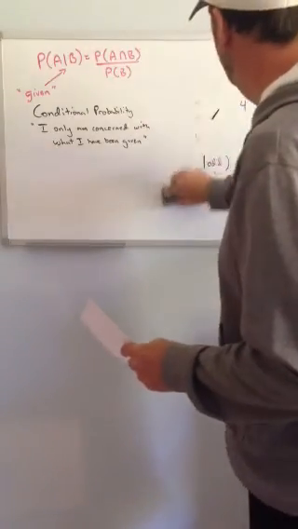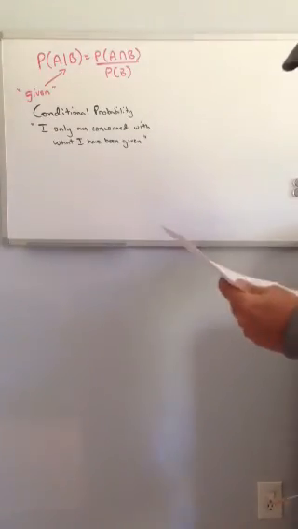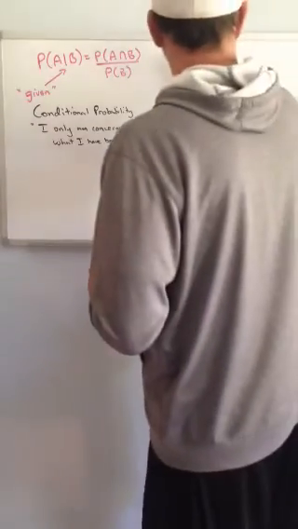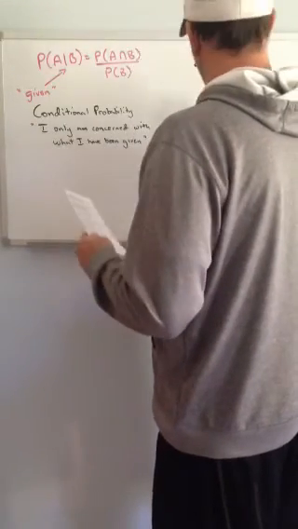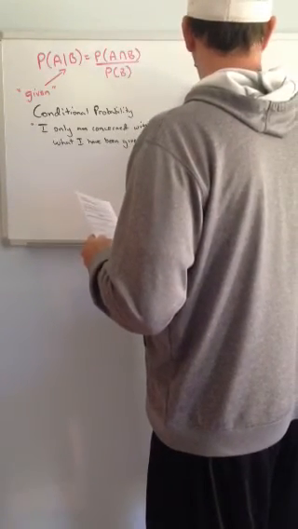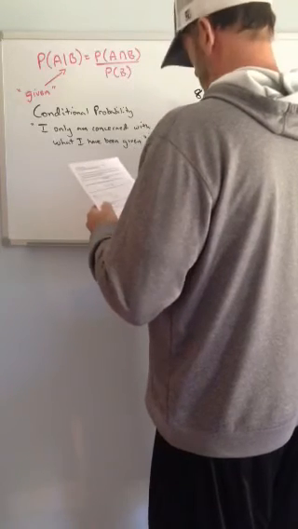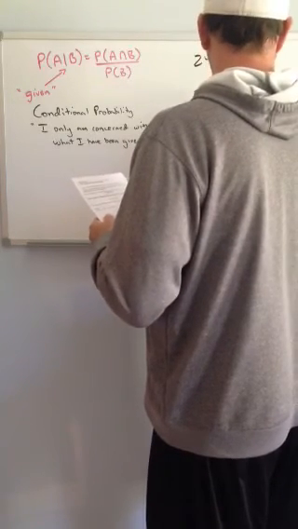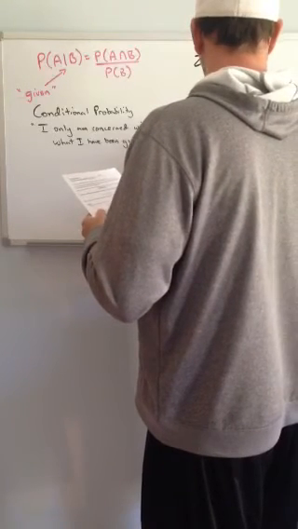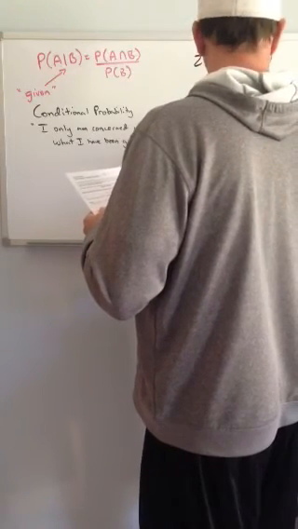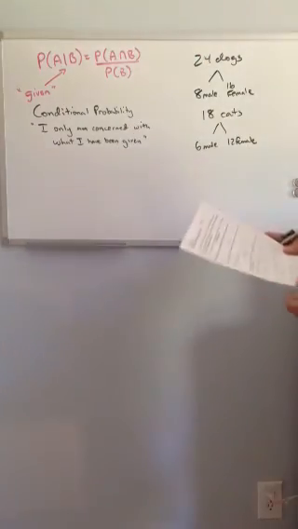The third one, we're talking about a situation where we've got dogs and cats, males and females. All right, so we got 24 dogs. Of that, 8 male, 16 female. We have 18 cats. Of that, 6 male, 12 female.